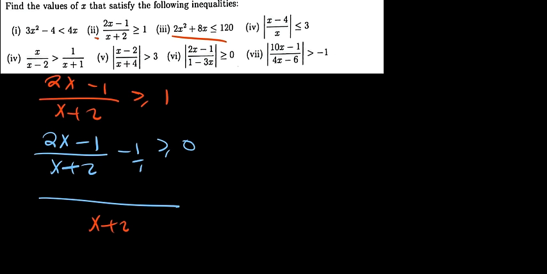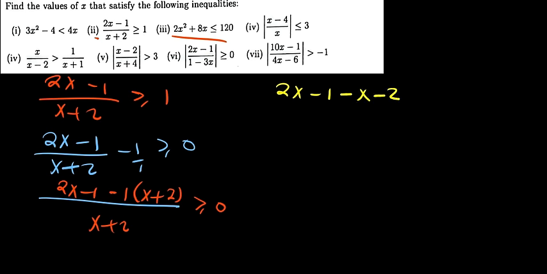If I divide, I'm going to end up having 2x minus 1 minus, because x plus 2 they are going to cancel out. Then here I'm going to have now minus 1 open brackets x plus 2 less than or equal to 0. The next thing is we'll have 2x minus 1 minus x and then minus 2.